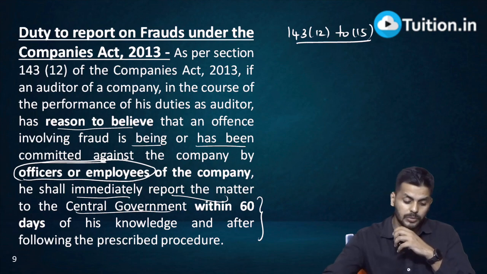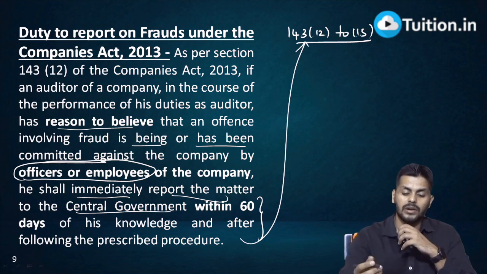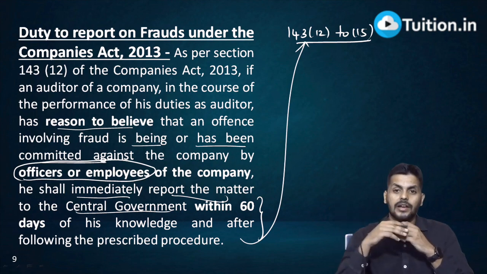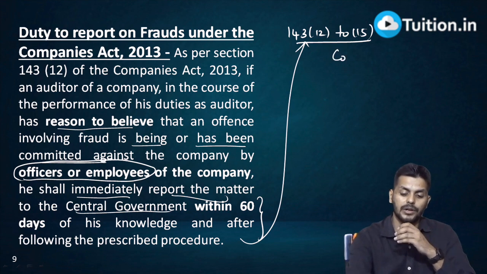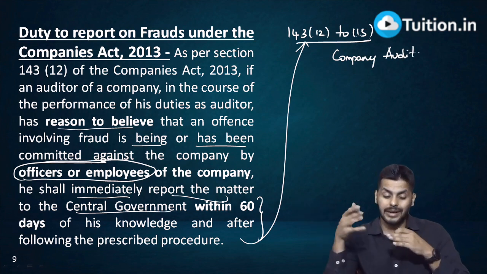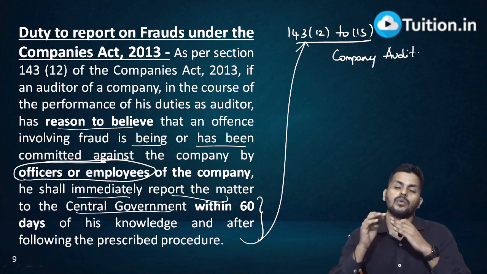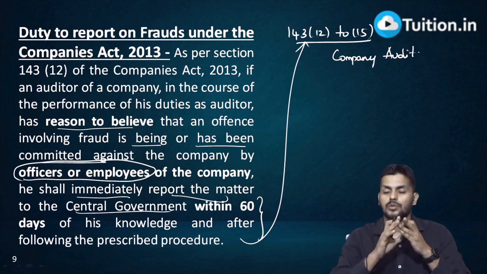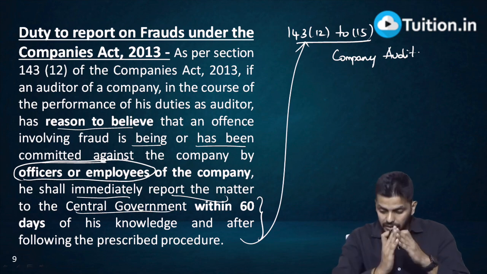Right, so you know this procedure, that's why we are not discussing this. 143(12) to 15, exactly what we already discussed in company audit. So the entire procedure: if the fraud is 1 crore and above individually, it goes to the central government; below that it goes to the board. All I am saying is 143(12) to 15 is absolutely applicable even in the case of banks.